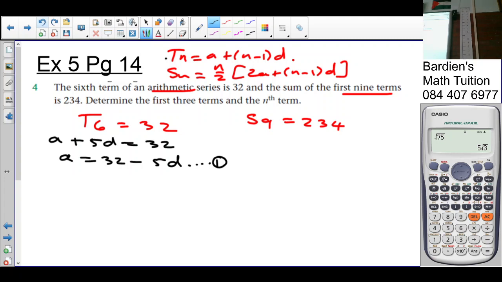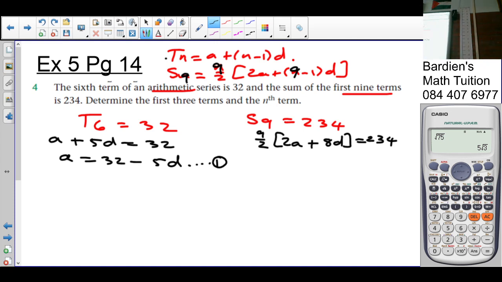For S9, wherever I see an n, now I put a 9. Can you see that? So what would that now be? 9 over 2 into 2A plus 8D equals 234. Okay? What do I do now?